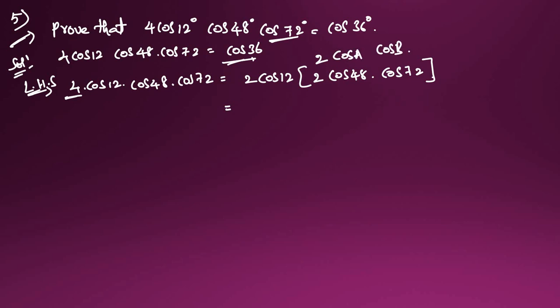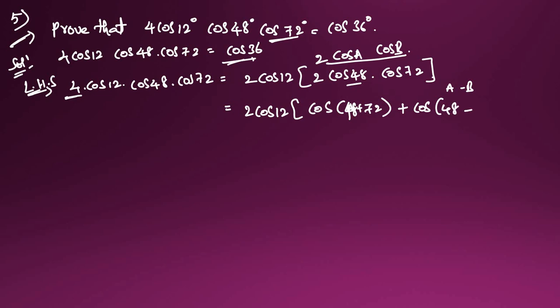What is the formula that will come here? 2 cos A cos B means 2 cos 12 into cos A cos B is equal to cos of A plus B, means 48 plus 72, plus cos of A minus B, A minus B means 48 minus 72 will come here.